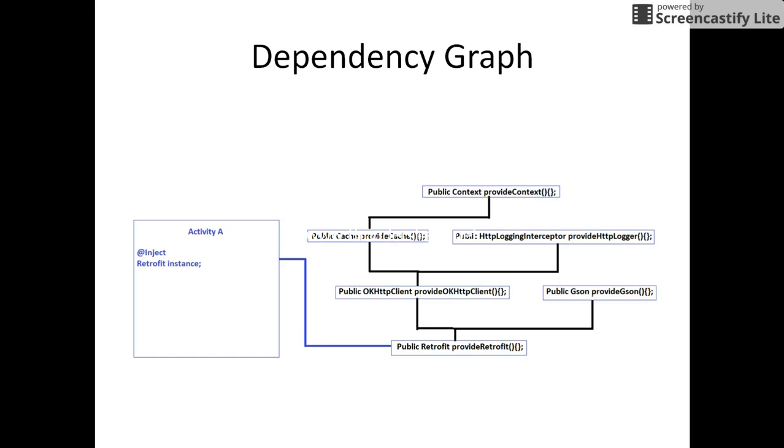So if I generalize, Dagger 2 creates a dependency graph of all the required objects internally, and whenever our activity or any other class requires an instance, Dagger 2 checks whether it's in the dependency graph or not. If it is, it provides that object to the dependent one, and if it's not, it creates that object and puts it in the dependency graph.